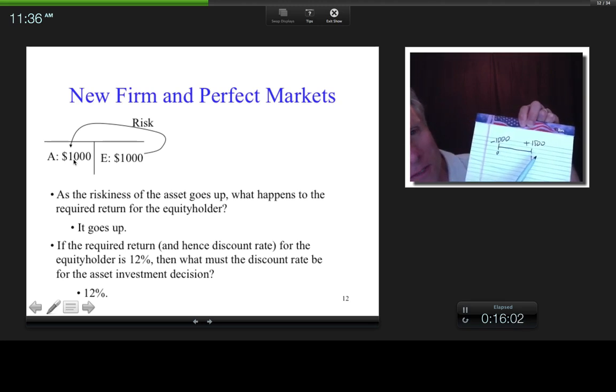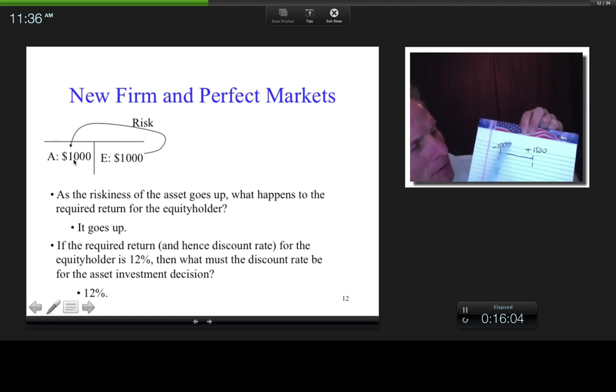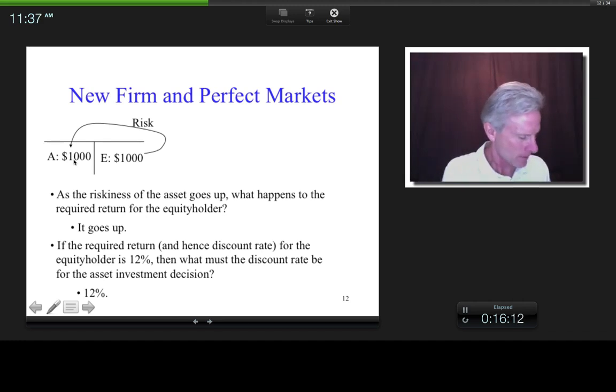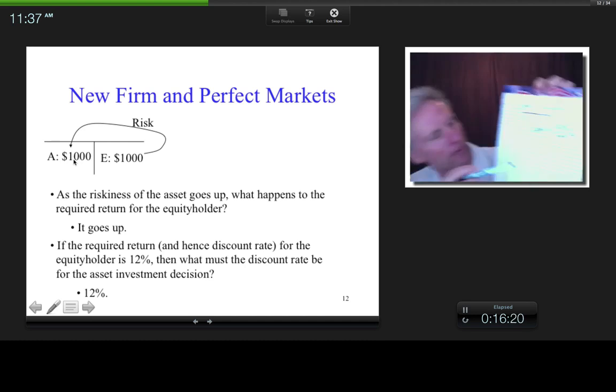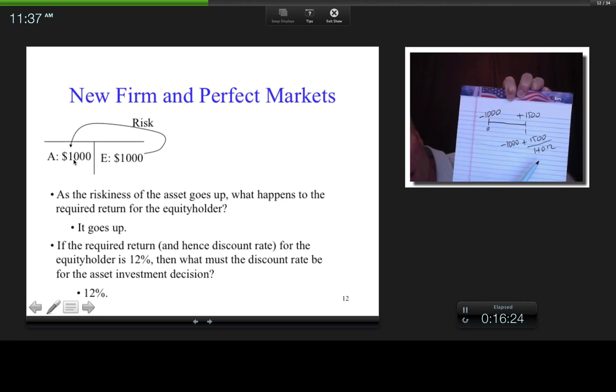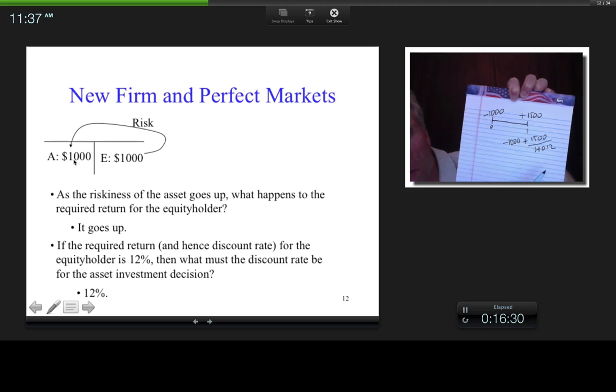Well, if the market's saying, hey, the riskiness inherent of what you do with my money has a discount rate of 12%, then the NPV would look something like this. Minus 1,000 plus 1,500 over 1 plus 0.12. And if you did that in your calculator, would you get a number bigger or smaller than 0?